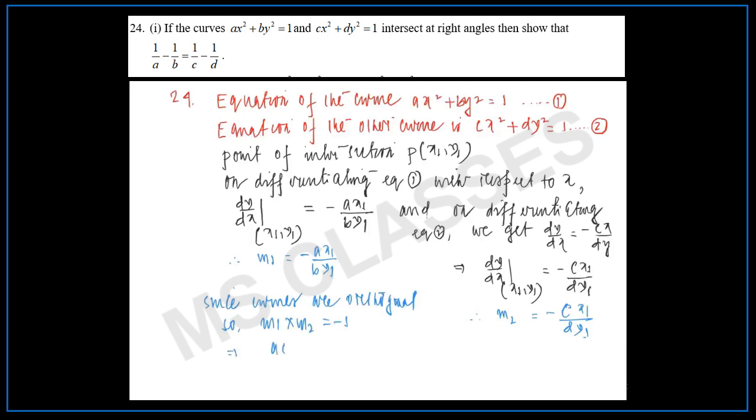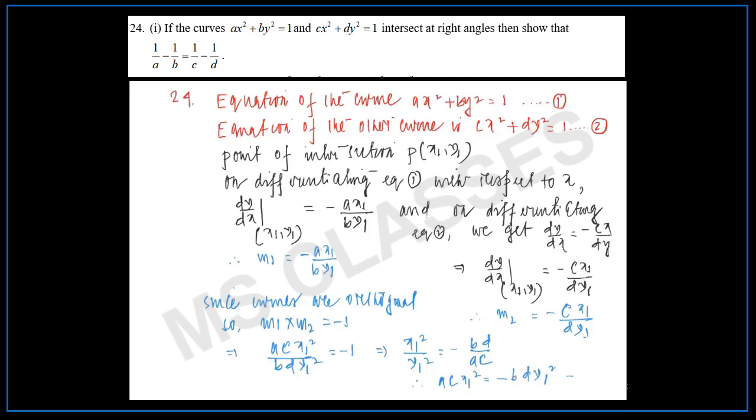So ac x1 square by bd y1 square equal to minus 1. Now from this we get x1 square by y1 square equal to minus bd by ac, and therefore ac x1 square equal to minus bd y1 square. We mark it as equation 3.